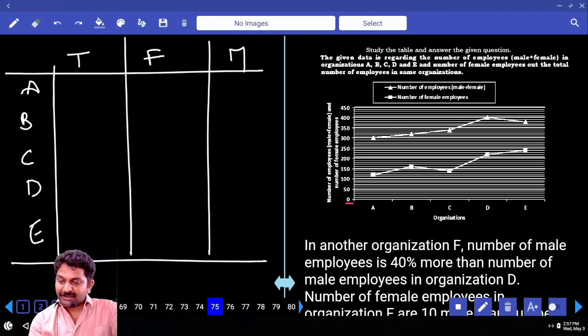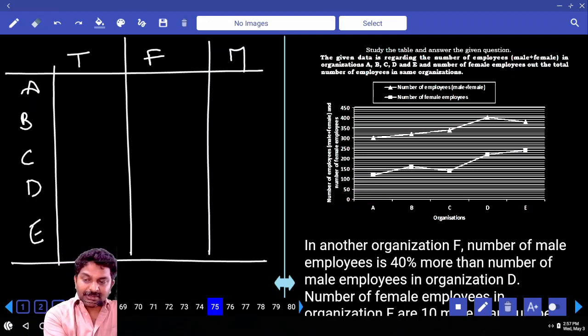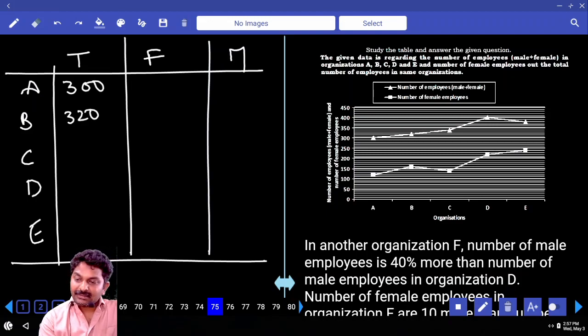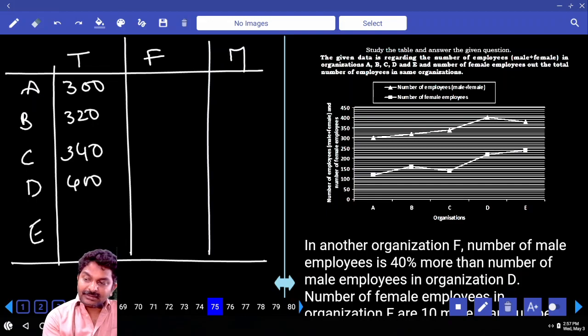Right. 0, 50. So each subline is 10. Total: 300, 320, 340, 400, 300.